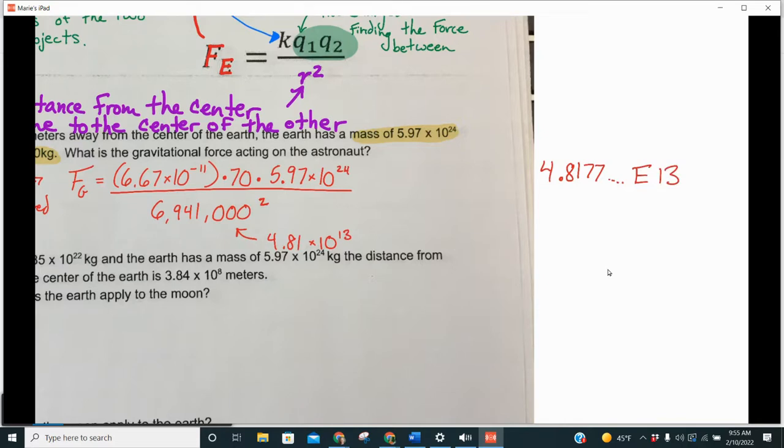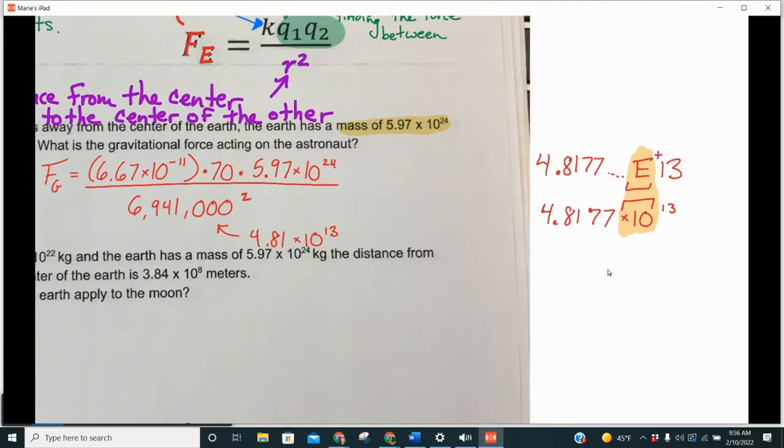That E means times 10 to the. So this E is the same as 4.8177 times 10 to the 13. And sometimes in your calculator, it'll have a little plus here because this is a positive 13th. And if it was a negative 13th, then it would have a little negative there. Got it? Oh, you'll be fine.